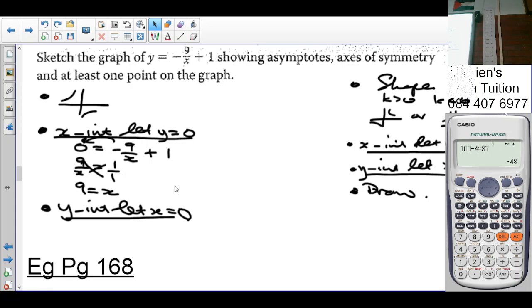Okay. So if you do the substitution, you'll see that you'll have no solution there. Not so? Why? Because y equals 9 over 0 is undefined. So what does that mean to say?